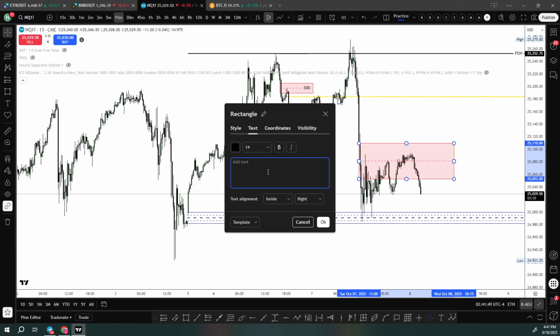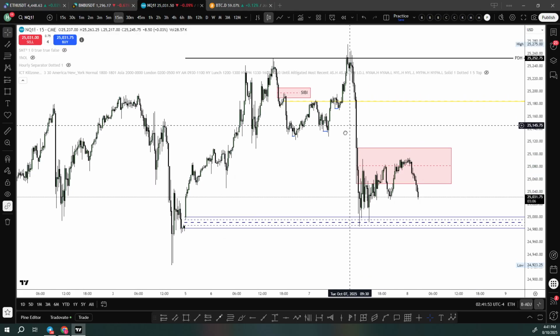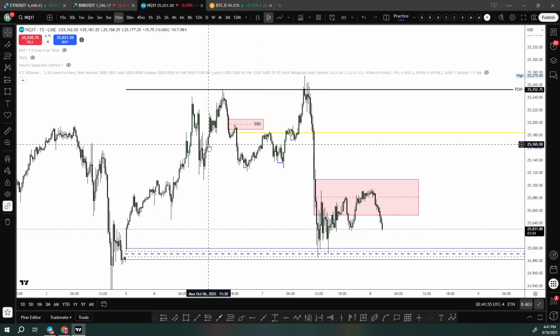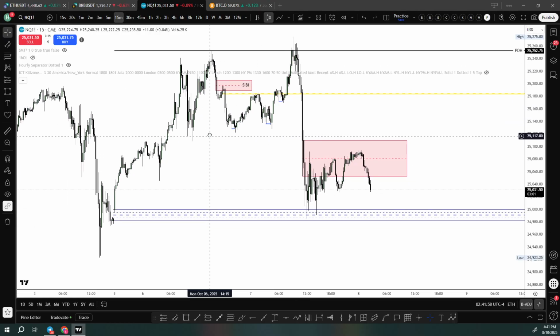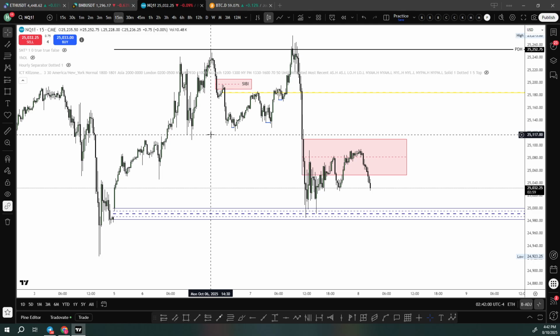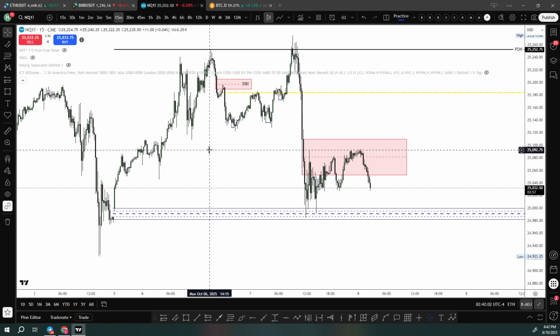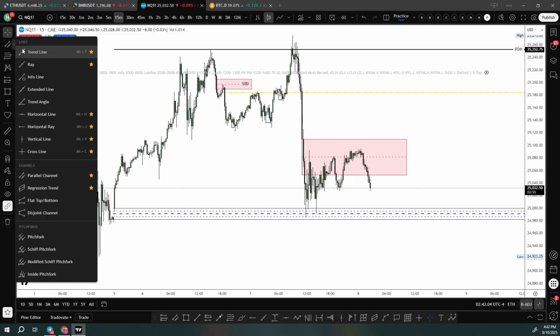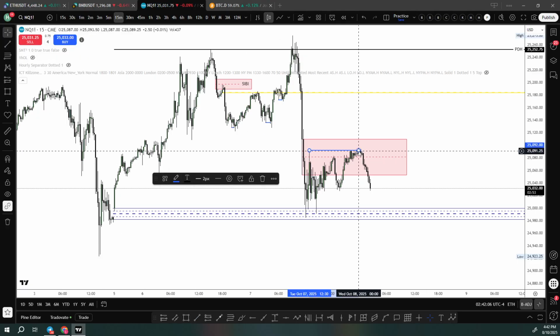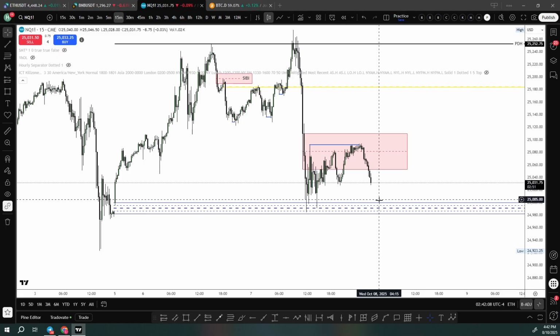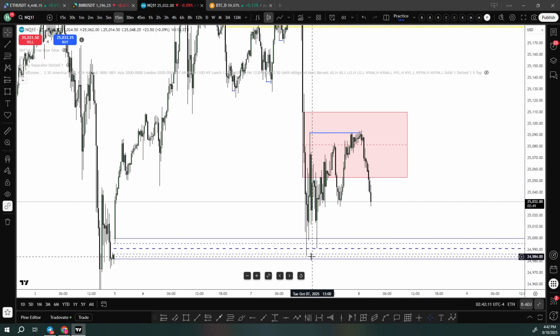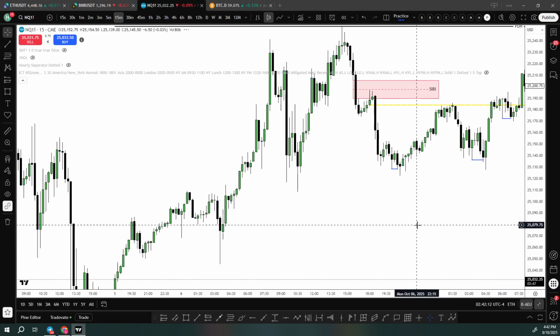I'm going to label it large wick. We've swept this high, and we're returning back down now. It hasn't fully ironed out this, so I should see.